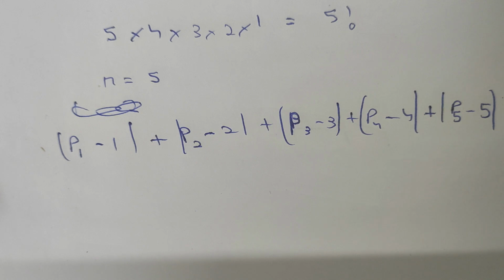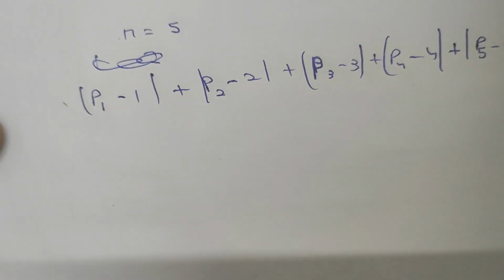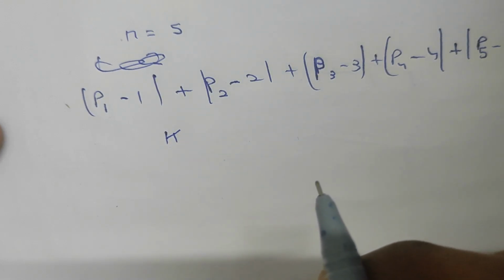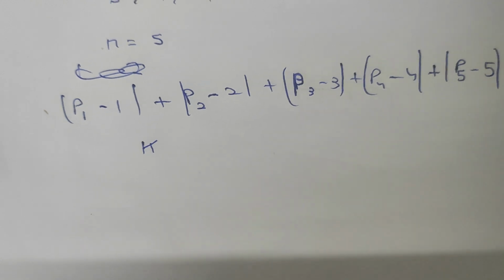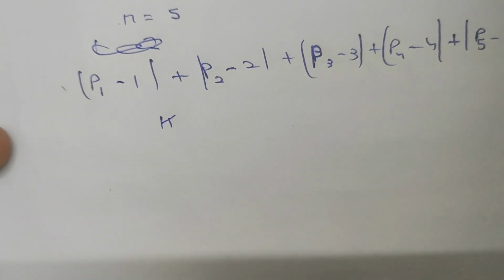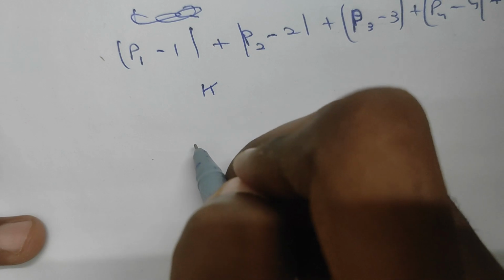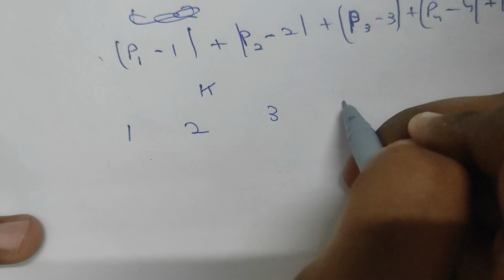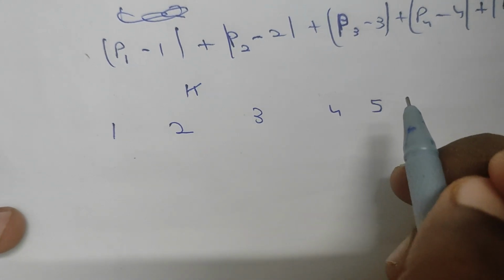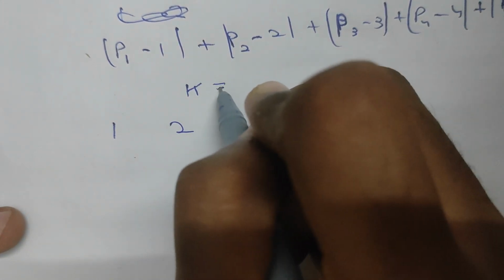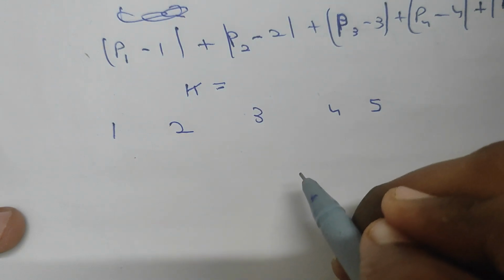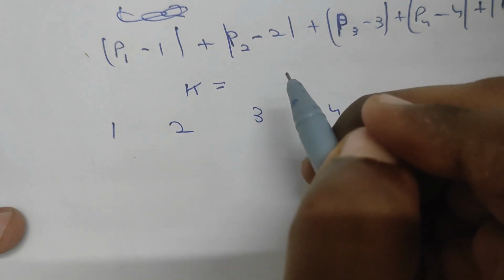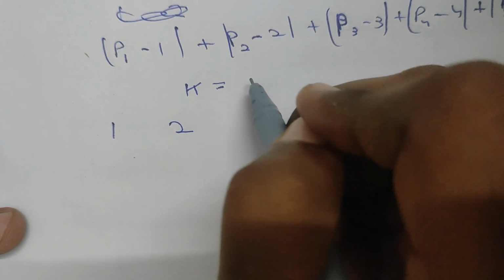So initially we will have a k. Suppose the initial permutation that I chose is 1 2 3 4 5, and suppose k is equal to 10.